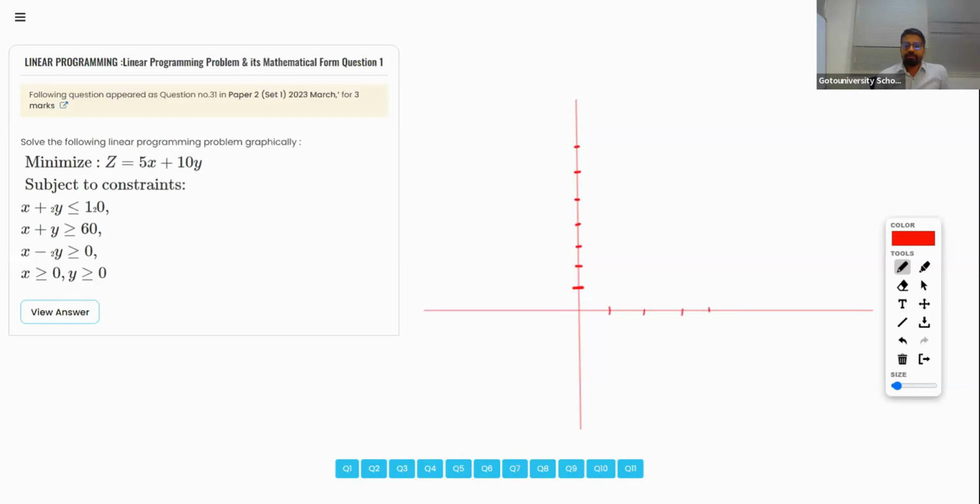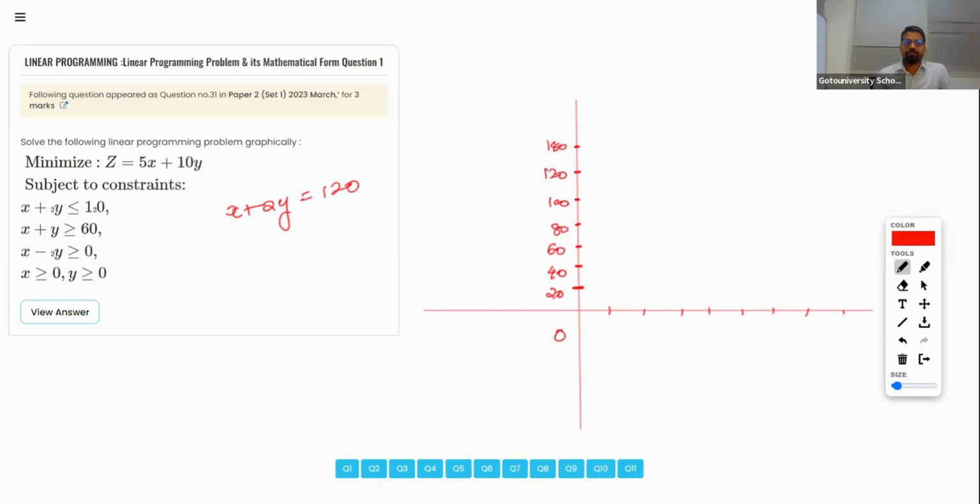Yes. So what we have here is a function 5x plus 10y. So we have to minimize this part, right? Yes. And one of the equations is x plus 2y is equal to 120. So as we have 120 and all, I'll write 20, 40, 60, 80, 100, 120, 140.